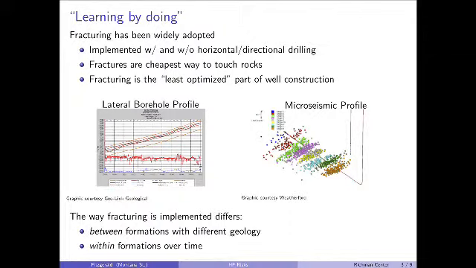It's implemented in some places with horizontal drilling and in some places without, but the reason hydraulic fracturing is so compelling is that it is by far the cheapest way for an operator to touch a rock. If you're interested in producing oil and gas, you've got to figure out a way to touch rocks below the surface. It's 3 to 5 powers of 10, so 1,000 to 100,000 times cheaper to do that with a fracture than with a wellbore, whether that's a vertical wellbore or a horizontal wellbore.